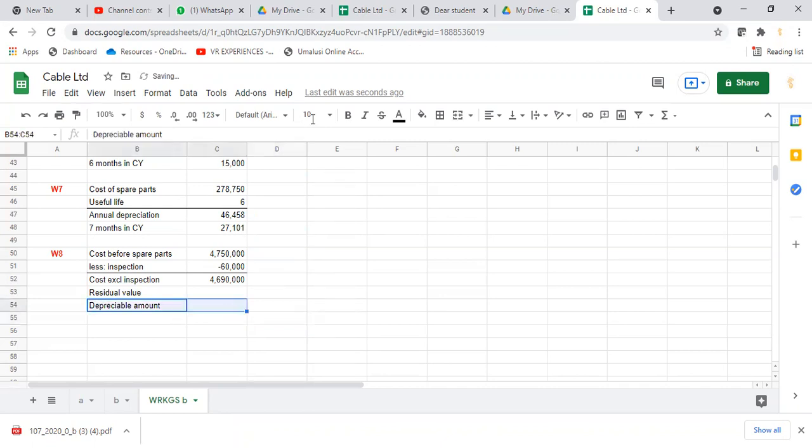Now, I cannot remember what the residual value was, so let's go check. The residual value is 280.